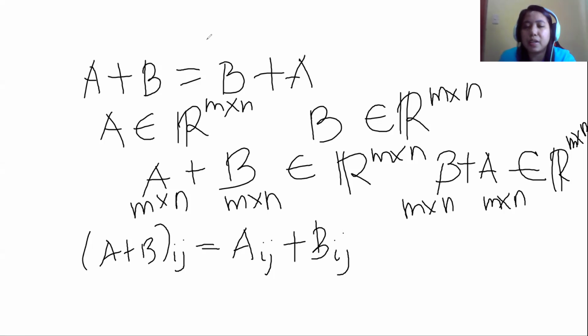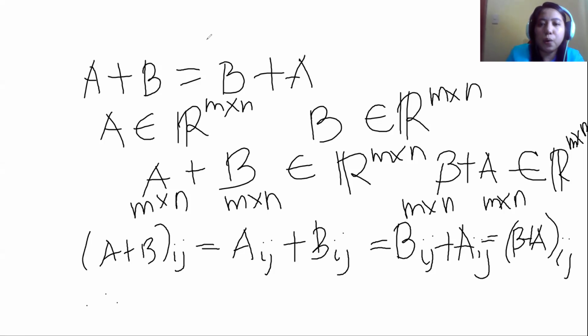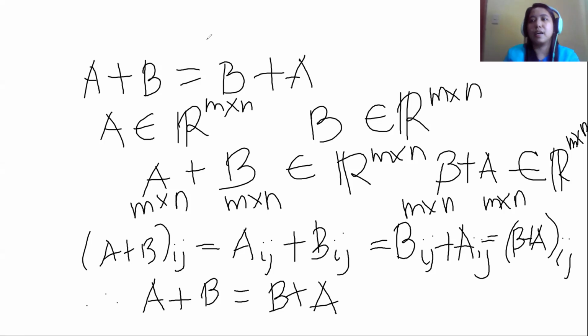Using the property of commutativity in the real numbers, this is also equal to B sub ij plus A sub ij. Using the definition again, we can go back to B plus A, ij. Therefore, with this proof, we were able to show that A plus B is equal to B plus A.